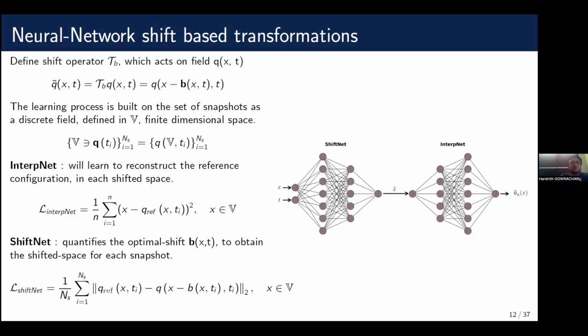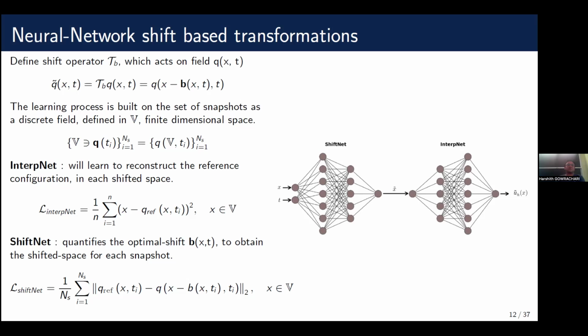So this workflow has basically two neural networks, namely InterpNet, which we use mainly to reconstruct the reference configuration. For shifted POD, you have to choose one reference configuration, which your InterpNet will try to learn and reconstruct at each shifted space. And we use ShiftNet to quantify the optimal shift for a given parameter.